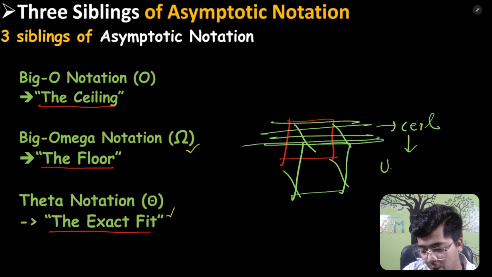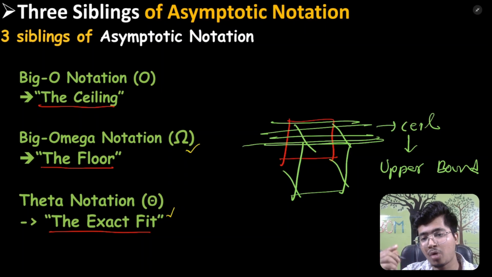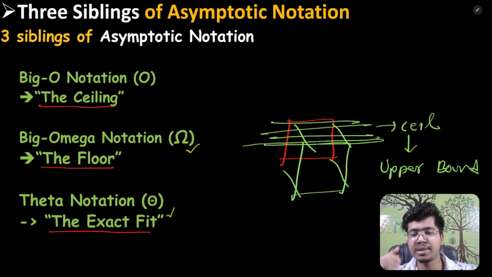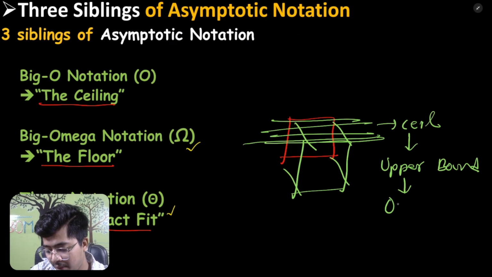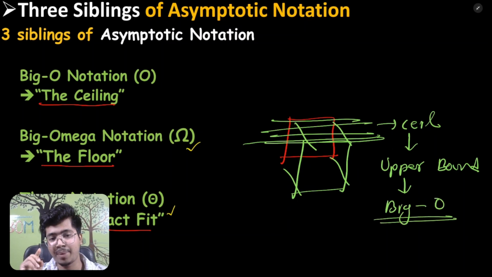In programming language we represent this upper bound by utilizing the big O notation. So now we have got the upper bound.